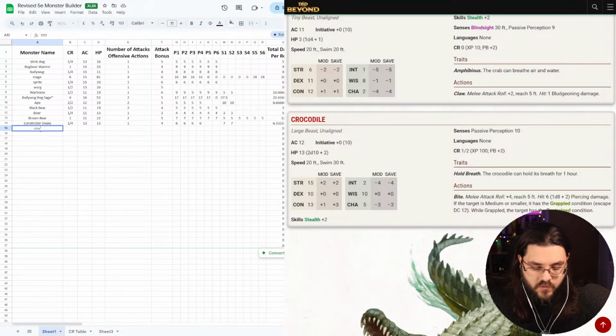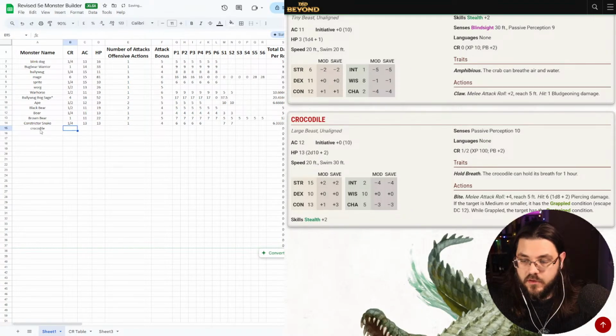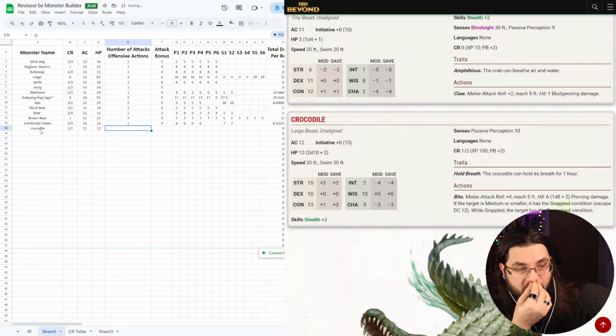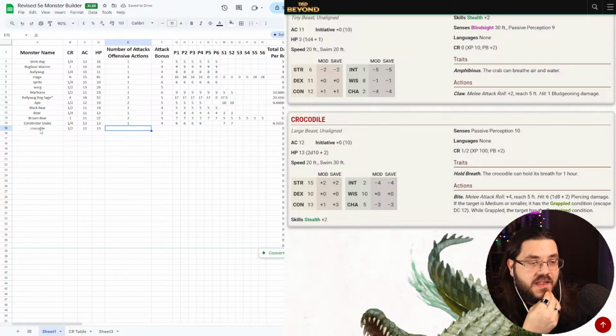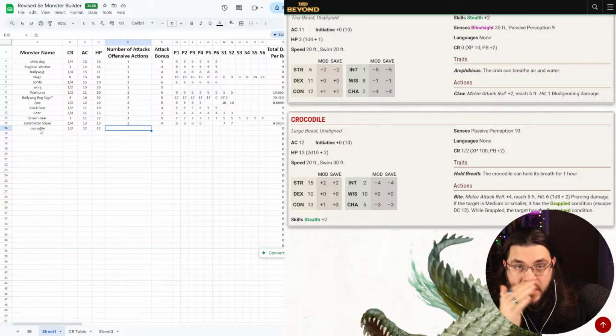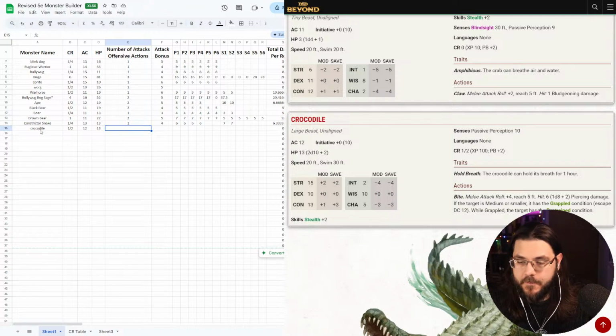Crocodile, though. We'll put crocodile in, and that's AC 12. HP is 13. Noticing there's not a lot of difference in the HP between CR 1/4 and CR 1/2. They get 1 attack. It can hold its breath. That's not going to make a massive amount of difference. The attack bonus is 4.